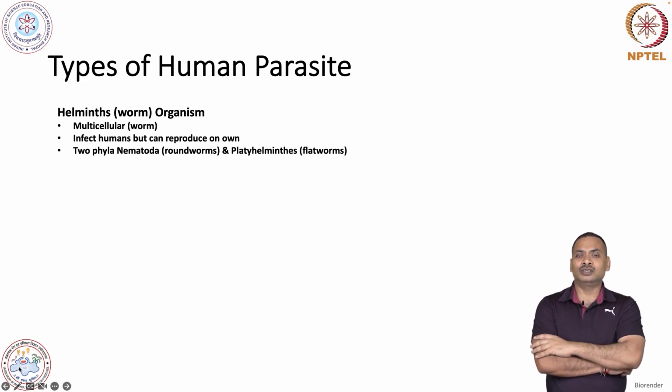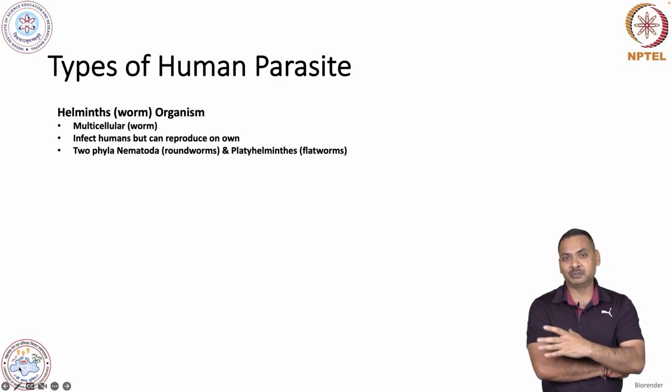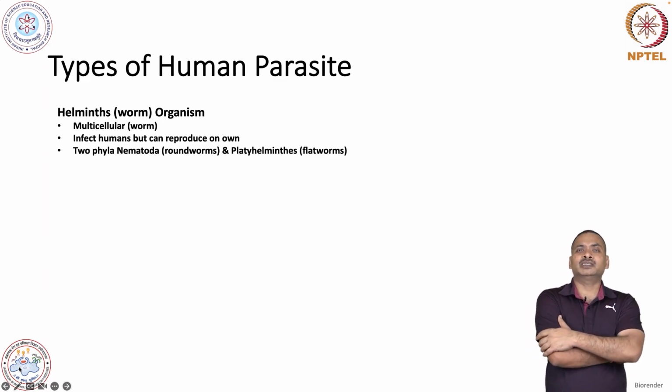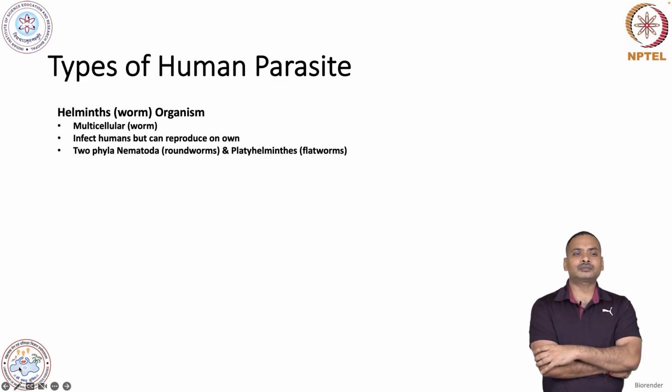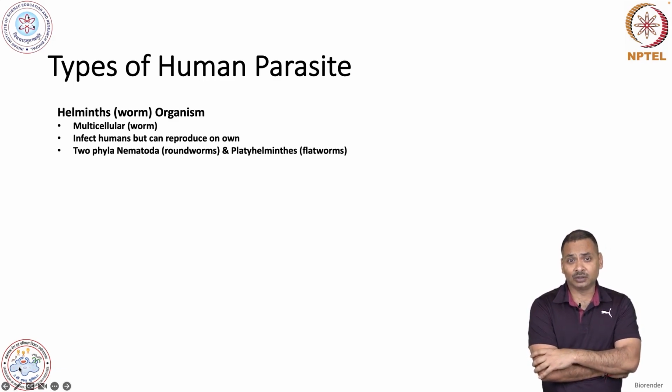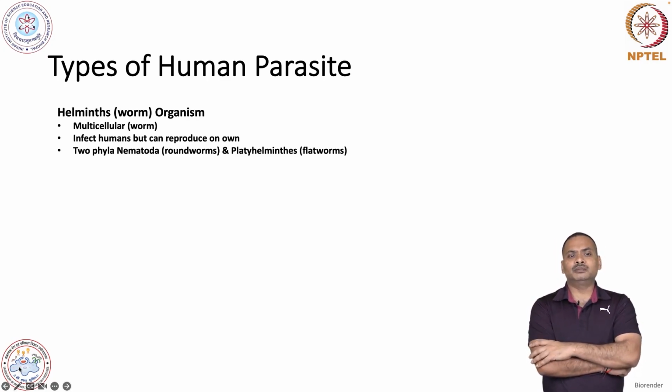Here they are not microscopic, they are quite big parasites present in the host. So helminths are macro parasites, and they are multicellular, they are basically worms. They infect humans but can reproduce on their own.